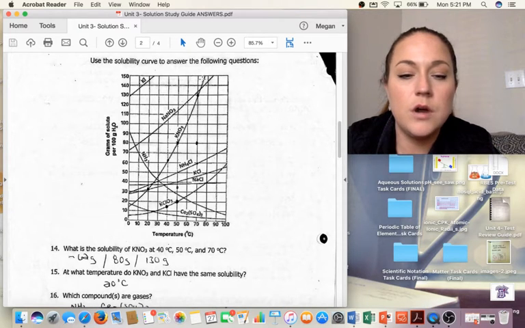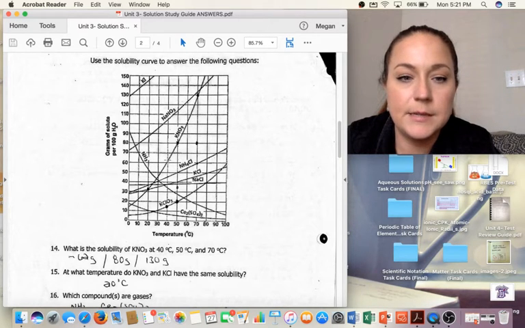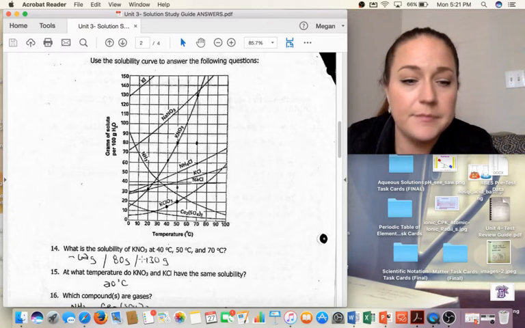When you start at the 40 and you intersect with that solubility line, it puts you right above the line of 60, thus being 62 grams.